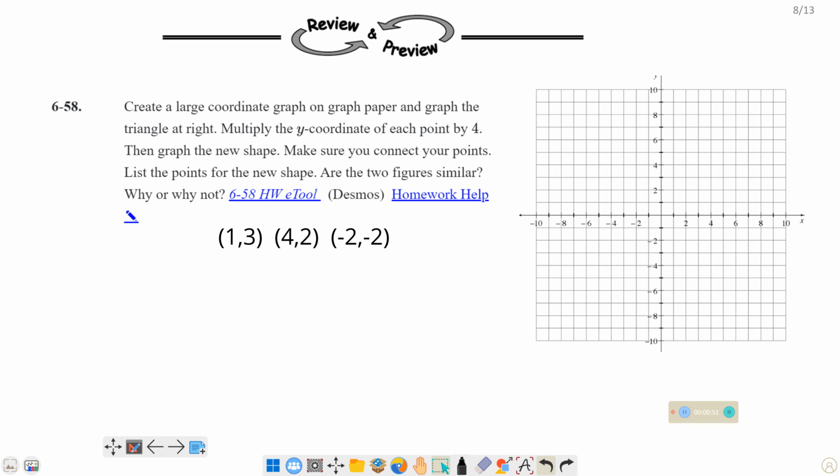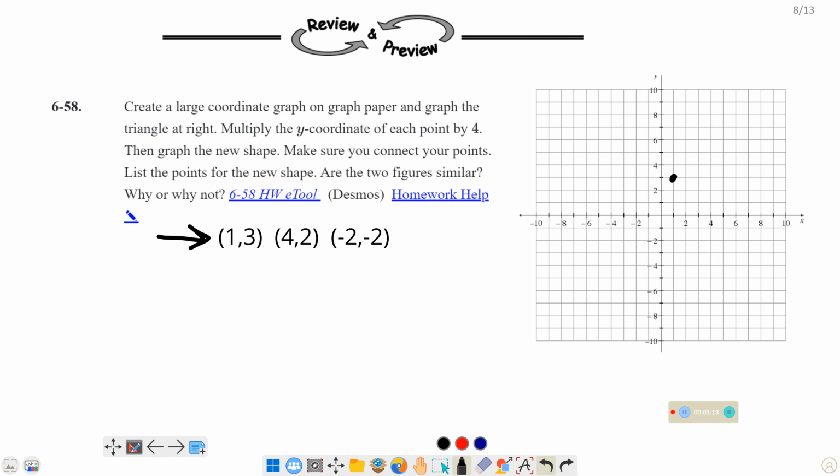So in your math notebook, you have this large coordinate grid. What we're going to do is start by graphing these coordinates. Remember, the first number means side and the second number means up. So I'm going to go right 1, up 3, and I put a point.